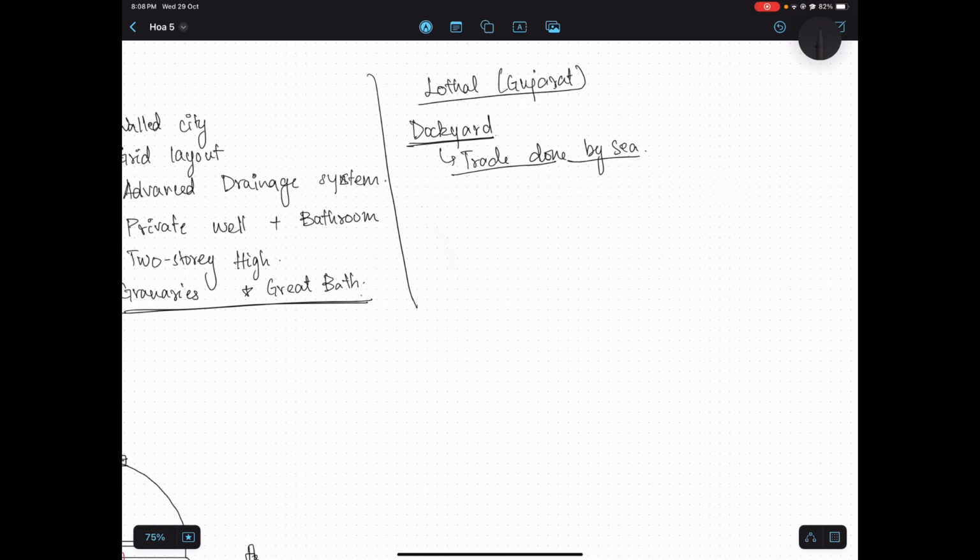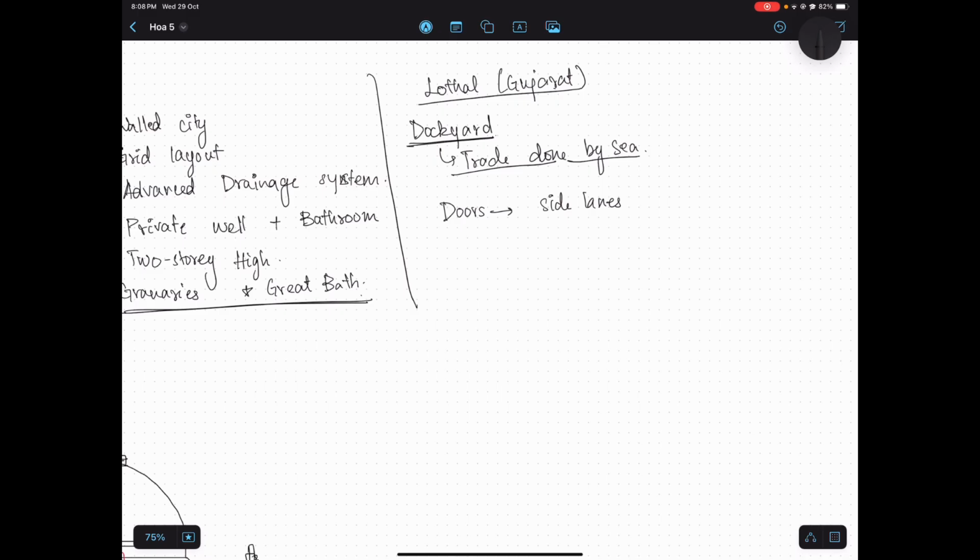And most of the residences had doors on the side lanes, so that most of the dust doesn't enter the houses. So this was about the Indus Valley civilization.